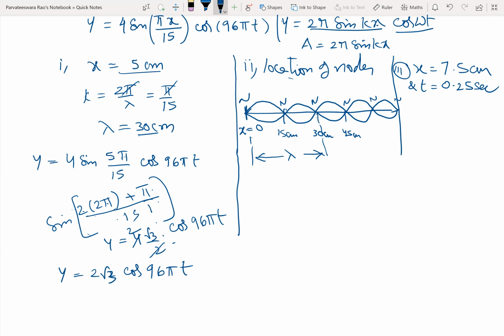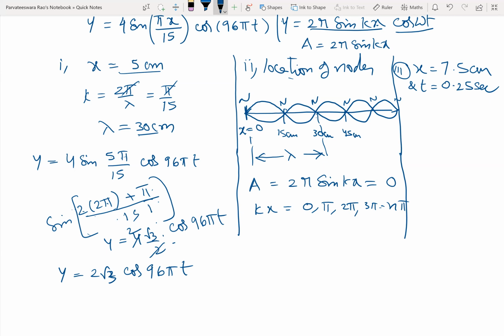And this is how we located the nodes. Or you can also express it in another way. A is equal to 2r sin kx should be equal to 0. So kx should be equal to 0, pi, 2 pi, 3 pi, and so on, n pi.